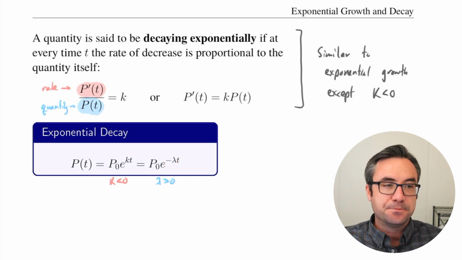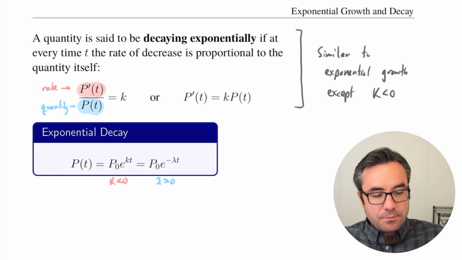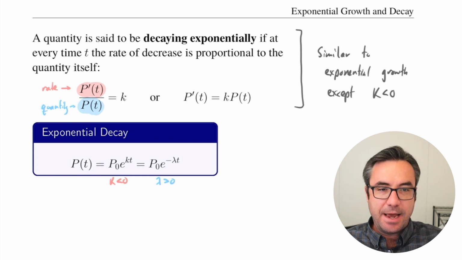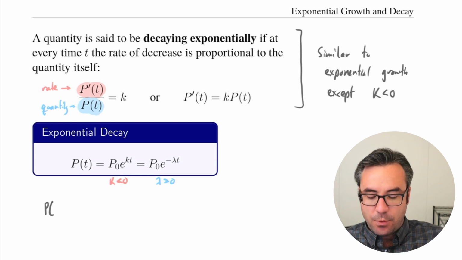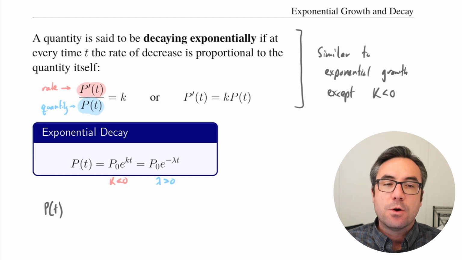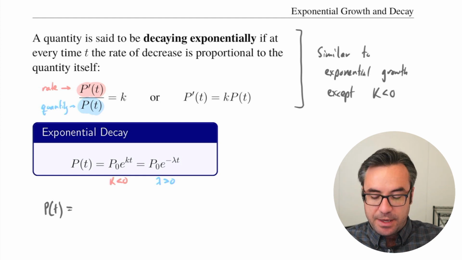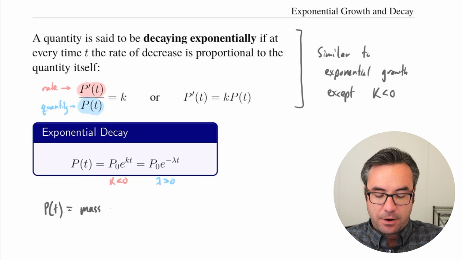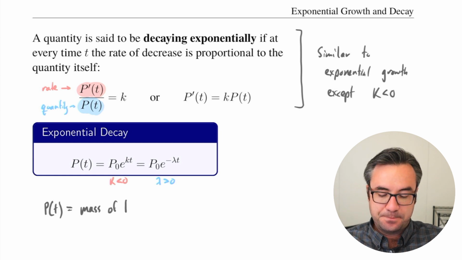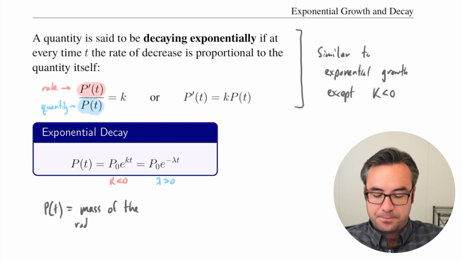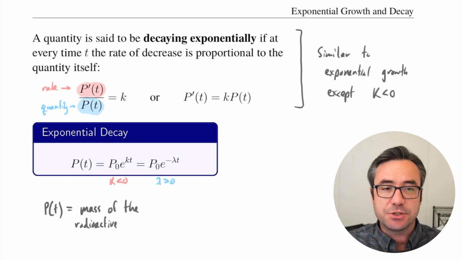So we're taking the negative off of the k, and we're really stressing that this exponent term is going to be negative. All right, so for exponential decay, and when we're talking about radioactive decay in particular, we're going to let P of t equal the mass of our radioactive element. This is primarily going to be the example we consider when we're talking about exponential decay.